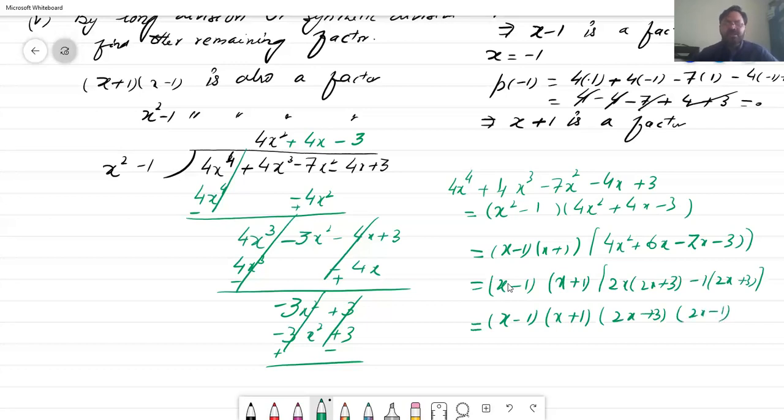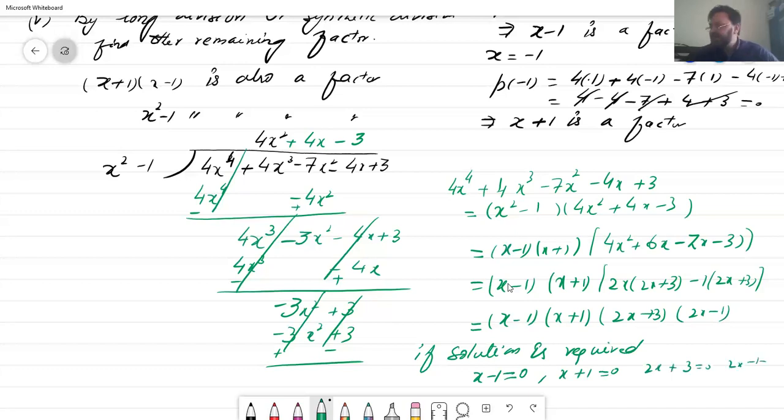Now sometimes the question asks you to find the solution of the quartic equation. So you have to put all the factors equal to 0 and find the value of x. If solution is required, you have to make all factors equal to 0, step by step, and find the answer.